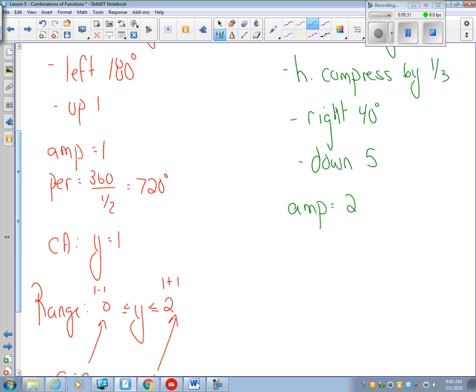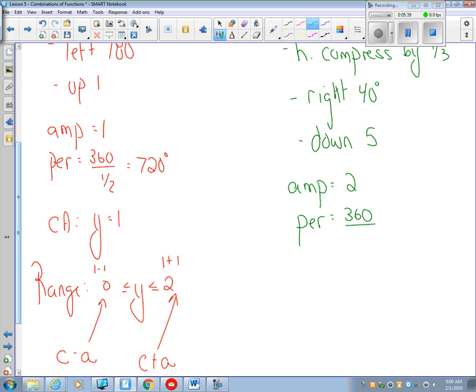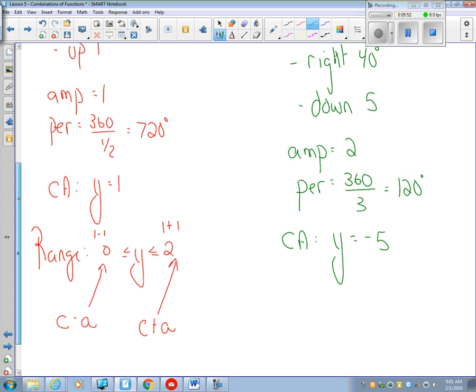The period is 360 divided by K, and we said K up here was 3, right? So it should be a third the size it used to be, which if we divide by 3, it is. And our central axis is Y equals the C value, and in this case it was negative 5. Okay. I want to get the range of this one.